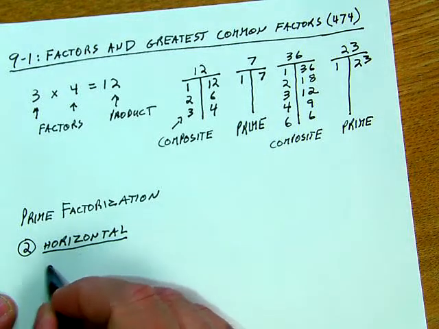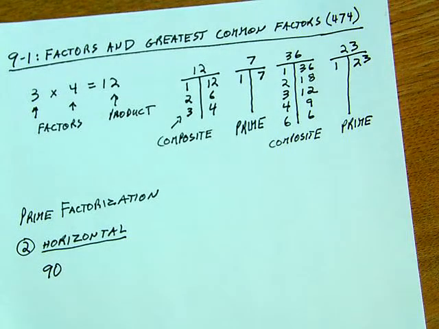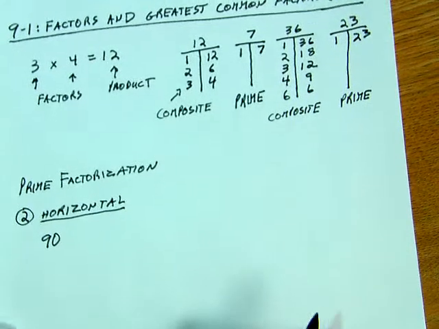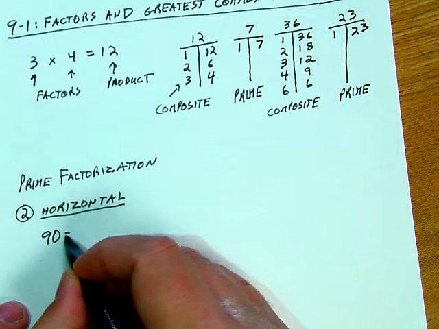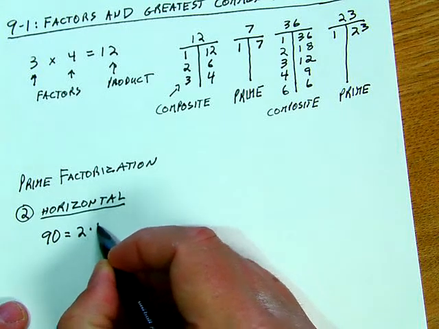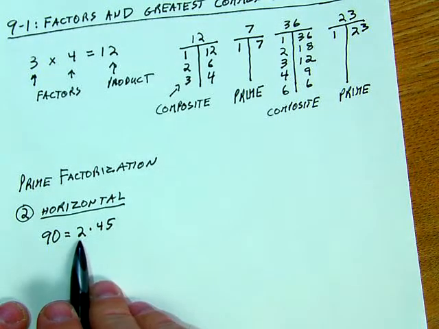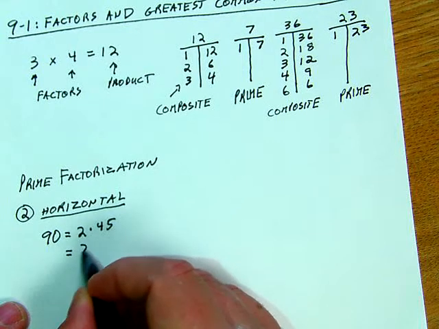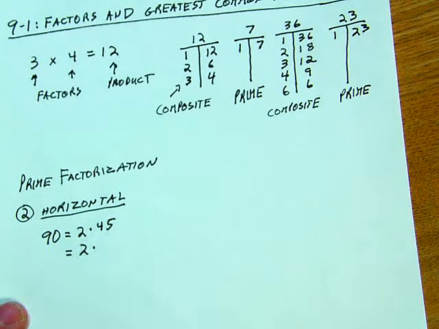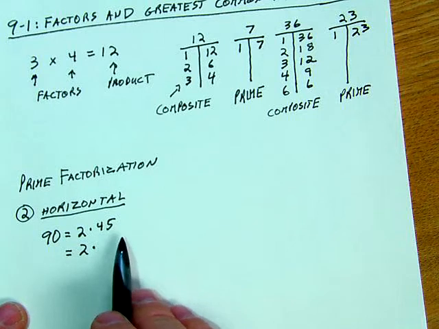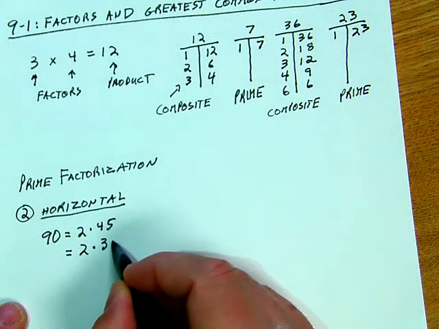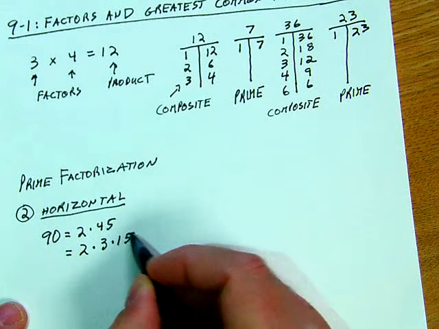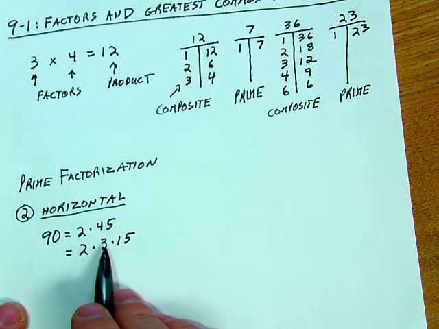Let's say I have the number 90, and I want to break it down into its prime factors. Well, I can say that it's 2 times 45, 2 being a prime number. Okay? So then I'm going to break the 45 down now. 2 is good enough. It's a prime number, so I'm going to repeat it. Now 45 is, let's say, 3 times 15. The 3 is a prime number, so that one stays.